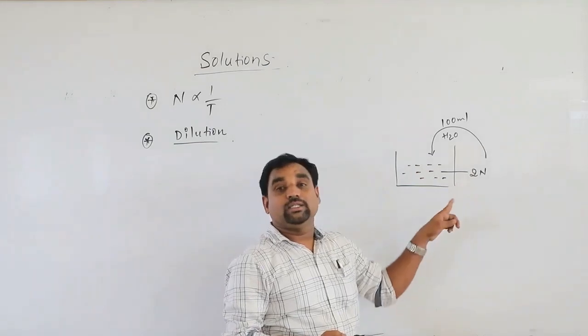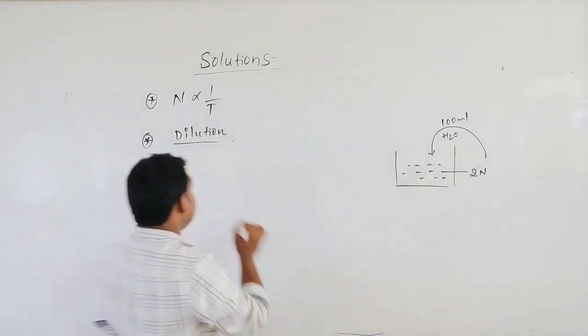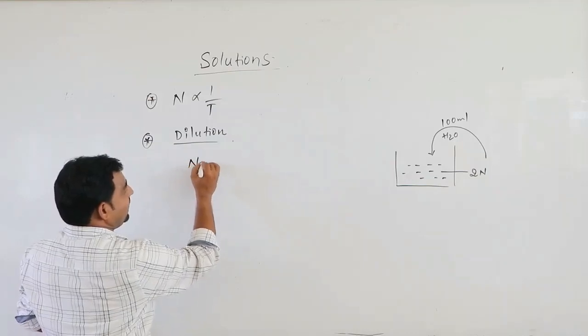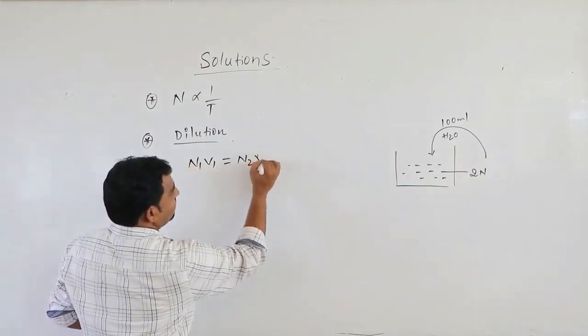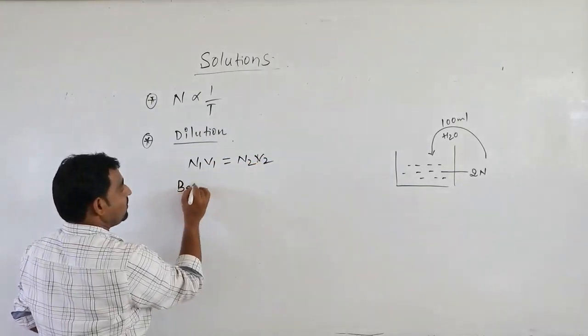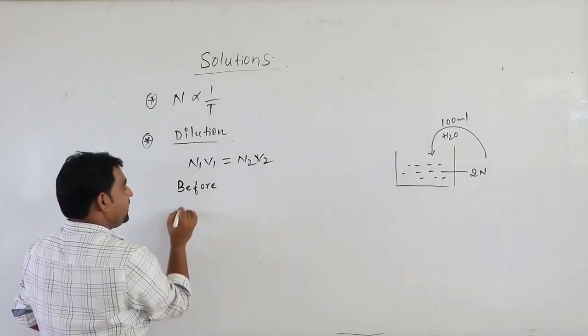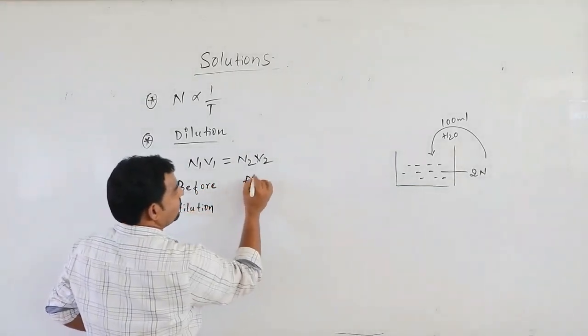In such cases, we can calculate the normality of this solution using the formula N1 V1 is equal to N2 V2. This is before dilution, and this is after dilution.